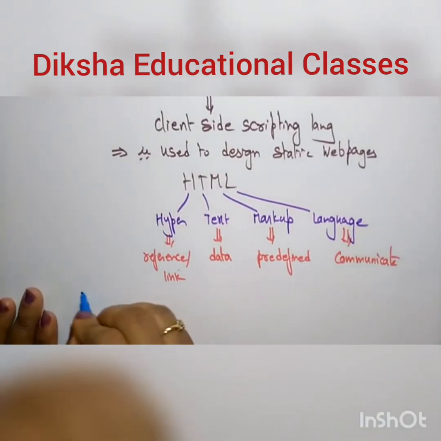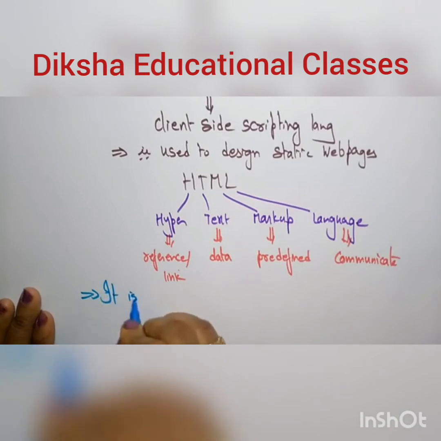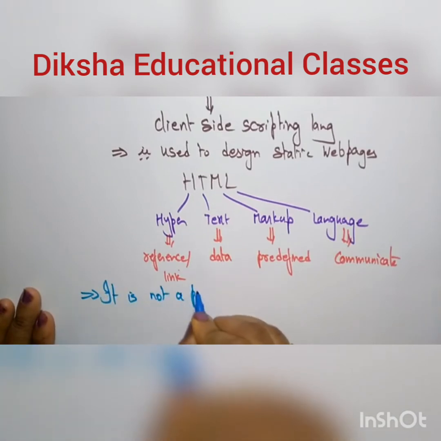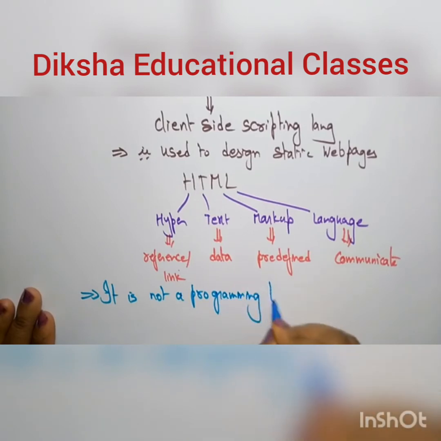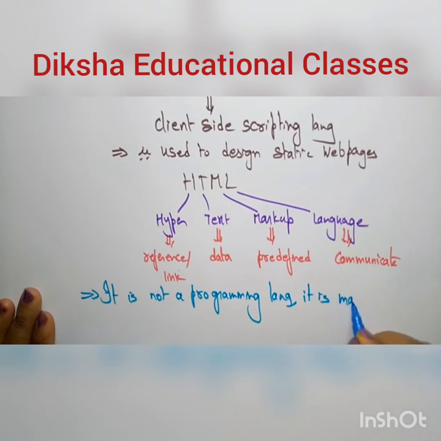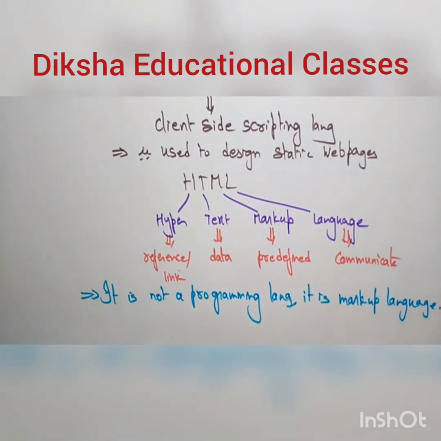So HTML is not a programming language. I already said it is not a programming language, just like Java or C. It is just a markup language. The markup language is a set of markup tags.